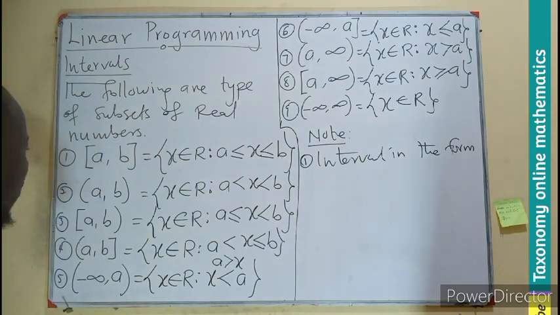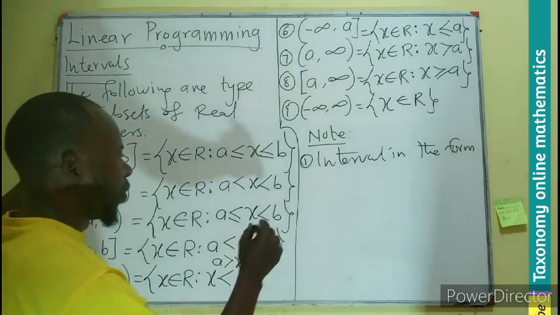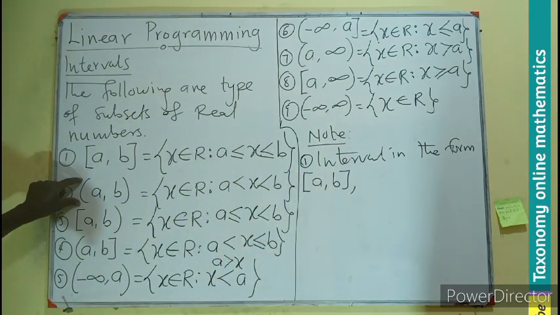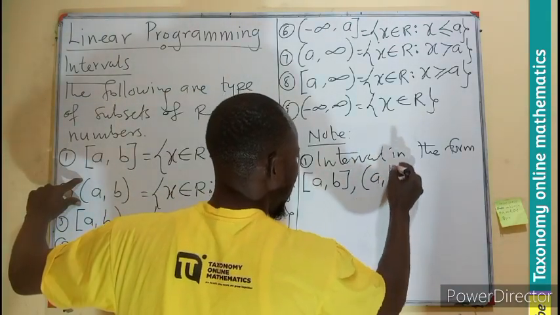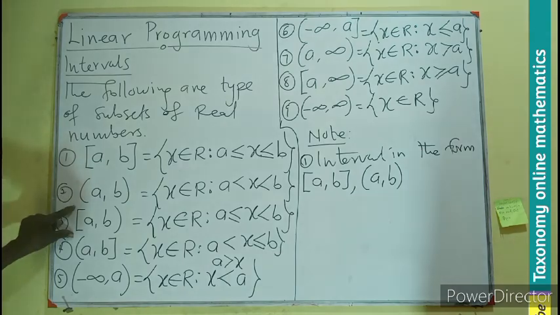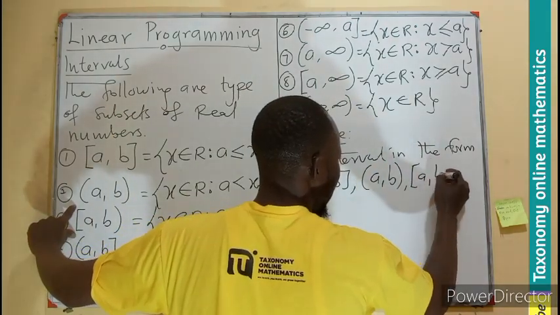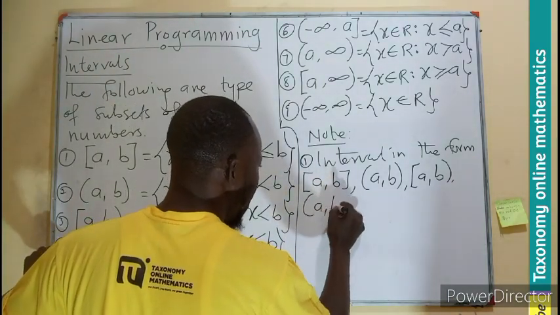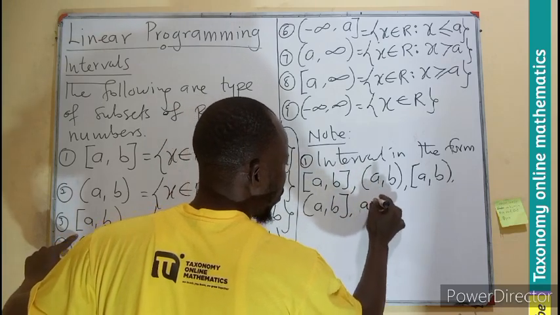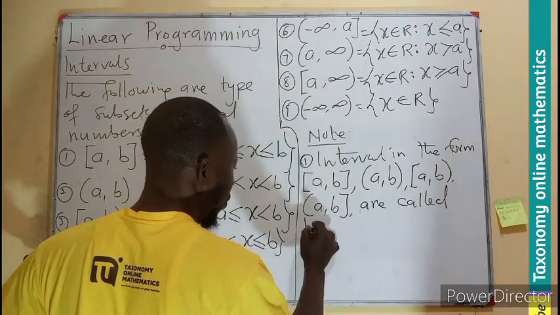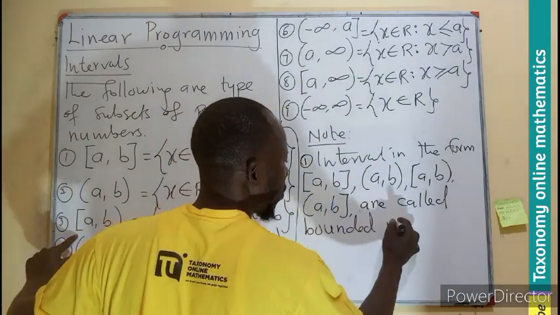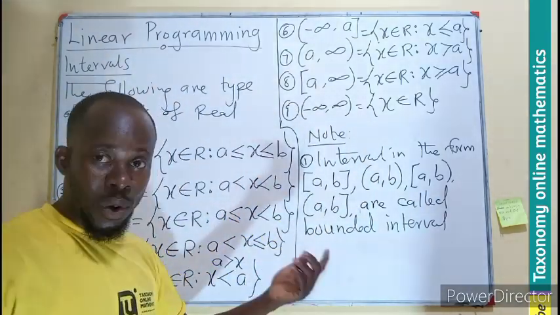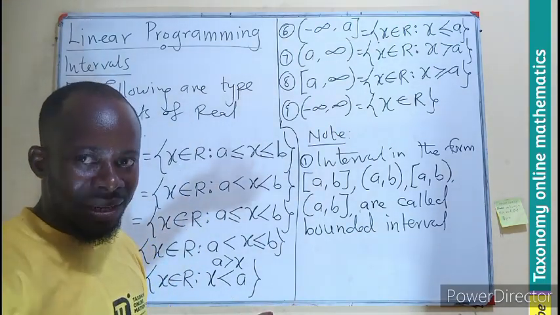The interval in this form, (A, B), take note of the brackets, this interval, this interval, these intervals are called what? They are called bounded. Why are they bounded? Boundary.